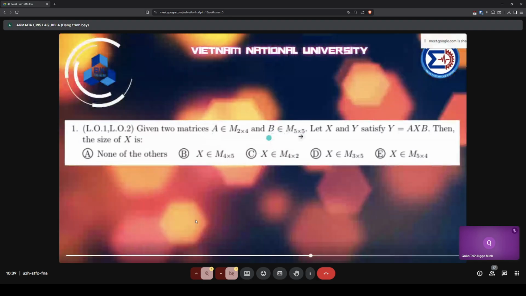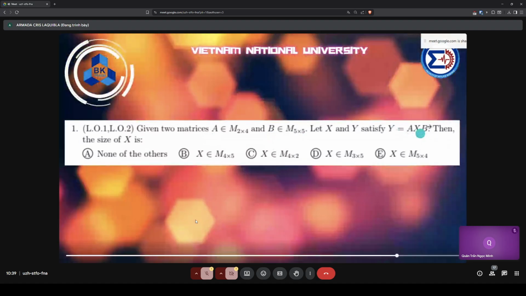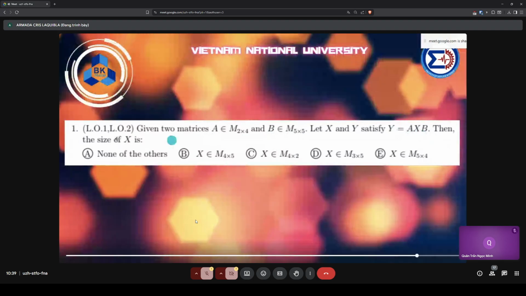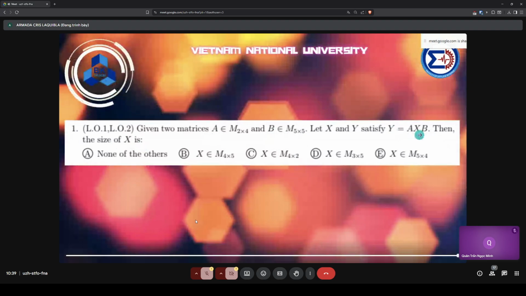Let X and Y satisfy this. Your Y is equal to A X times B. Then what is the size of your X? Again, we have the method for multiplying matrices, right?